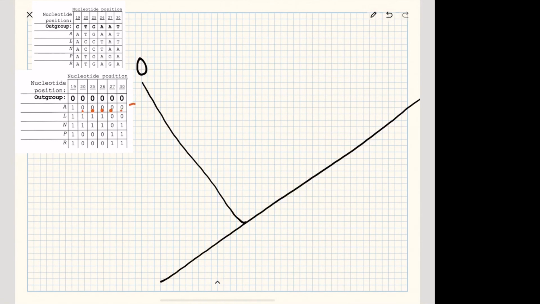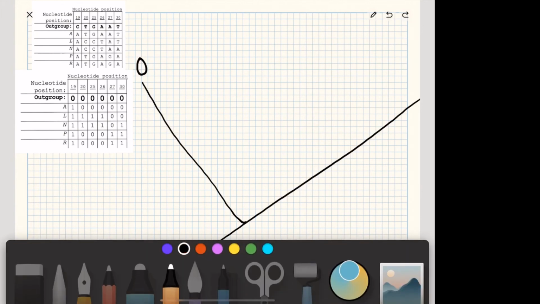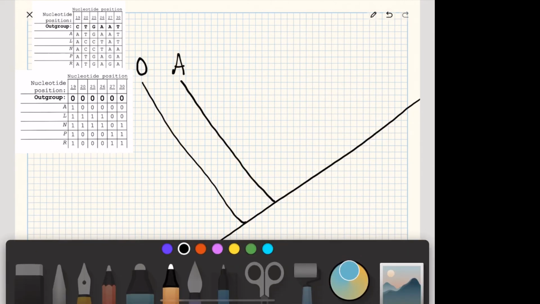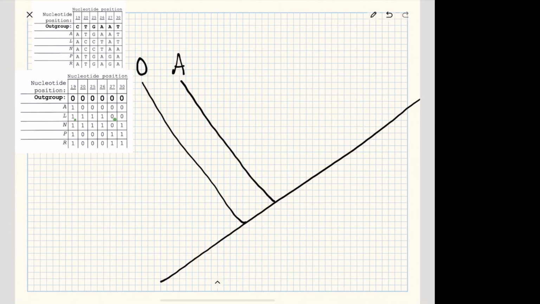Now we need to find the taxon that is the most similar, that has the fewest derived conditions from that outgroup, and we can assume that it is the one that branched off first. It appears as though species A is the one that branched off first here because it had 5 ancestral conditions, while the others had fewer than 5 ancestral conditions. Let's see if we can figure out the rest of these.